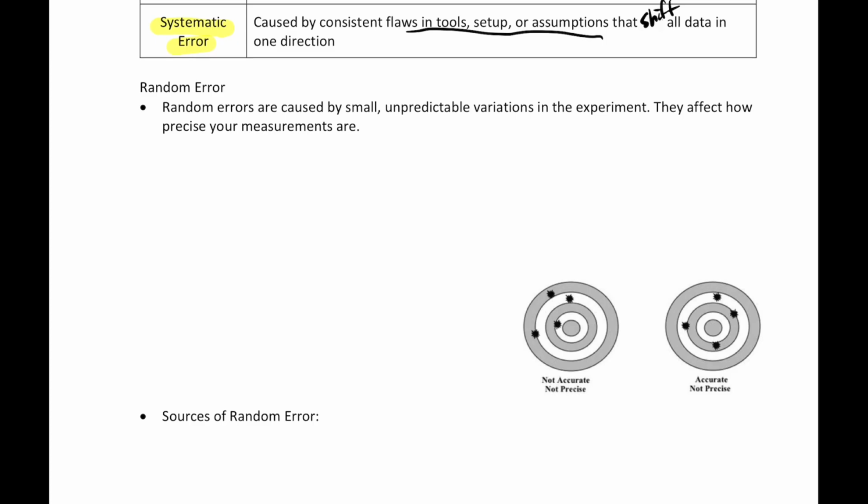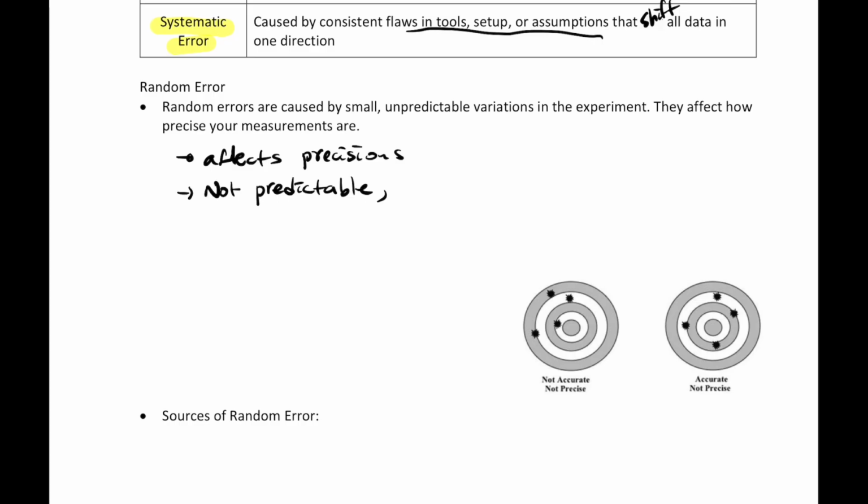Okay, then let's first discuss the random error. Random errors are caused by small, unpredictable variations in the experiment. They affect how precise your measurements are, meaning how consistent your results are, right? They are not predictable, and they vary from trial to trial.